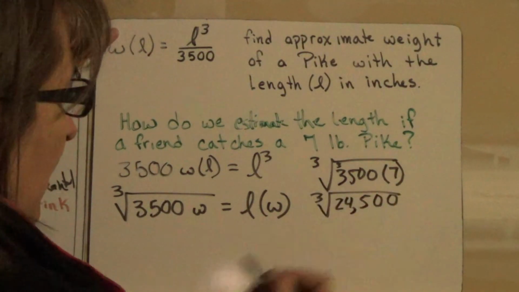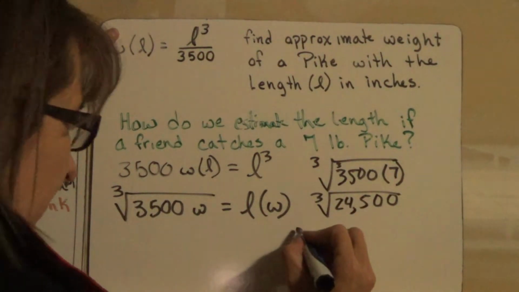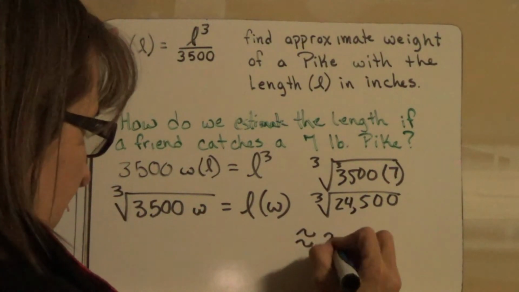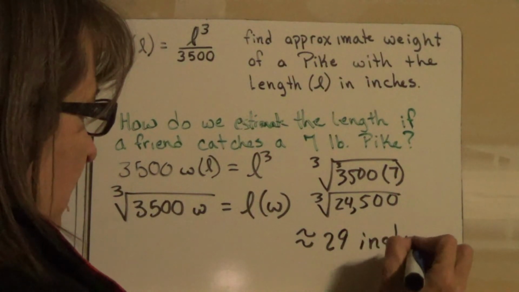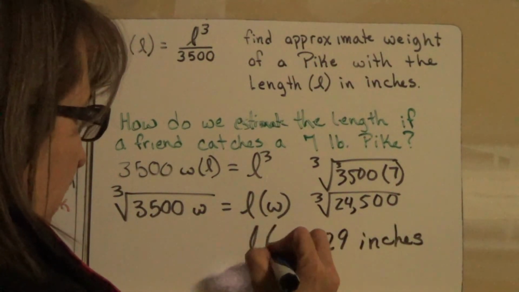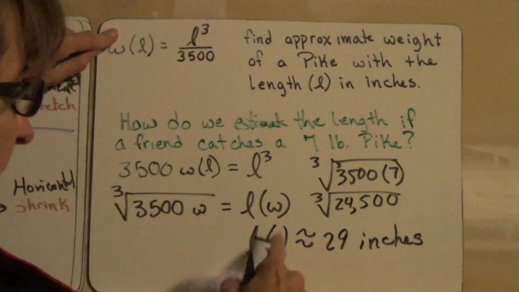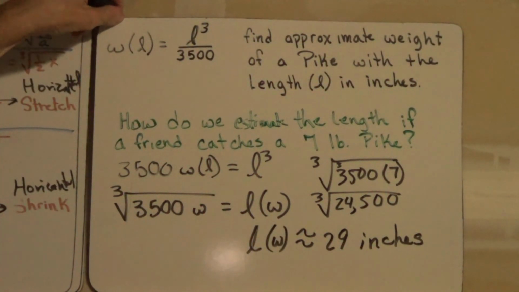Cube root of 24,500 would be approximately 29. And that would be inches long, because we're looking at how long it is. It was the length depending upon the weight. So that's kind of how you would use it.